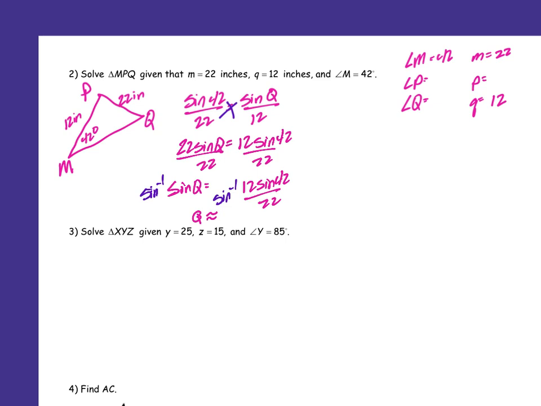I did something wrong. Okay, let's try this again. 12 sine of 42. It's kind of why I like Desmos, because it shows me when I mess up. Other parenthesis, divided by 22. Okay, so that's approximately equal to 21.4.